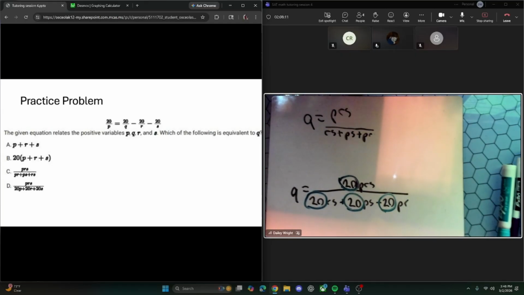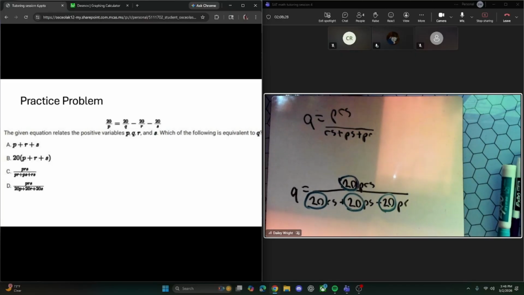Well, that looks almost like my C still, but PR and RS are switched. Since they're all connected by addition, you can swap those around any way you want. C just has the answer in a different order than I have the answer in.